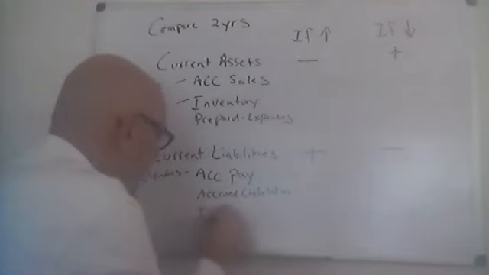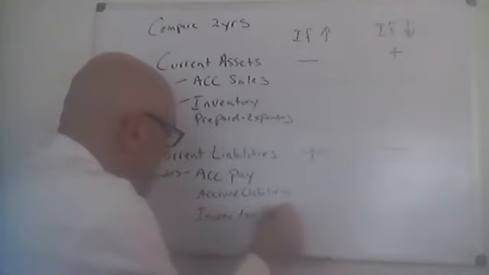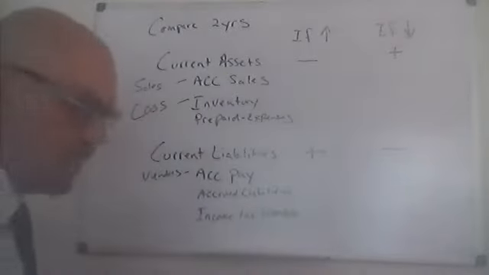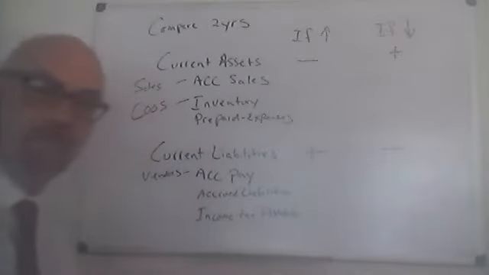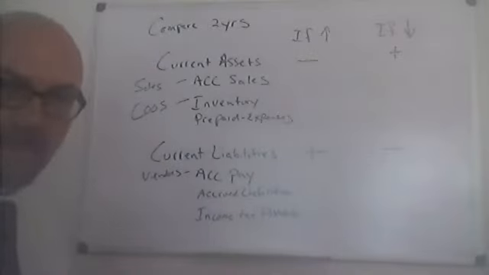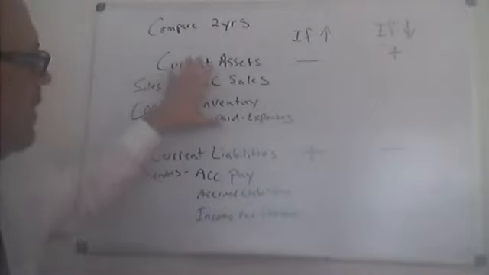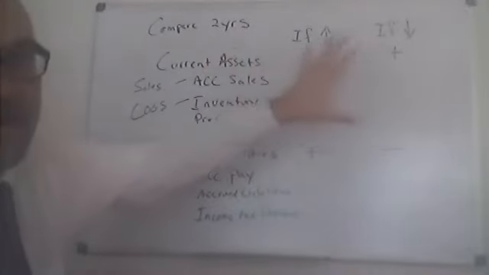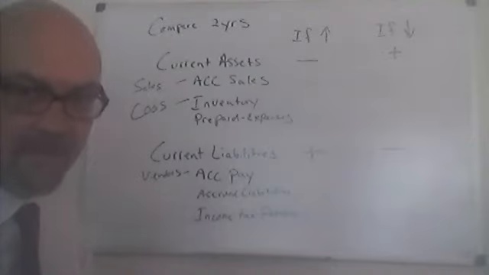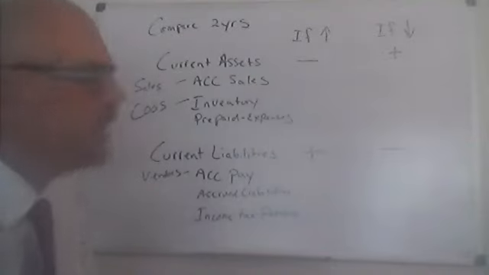And finally, income tax payable, okay? So those three are our three main current liabilities we're going to look at. It's going to be very important that you remember how these effects go. You're going to have to remember that for your test and when you're making these indirect statements.